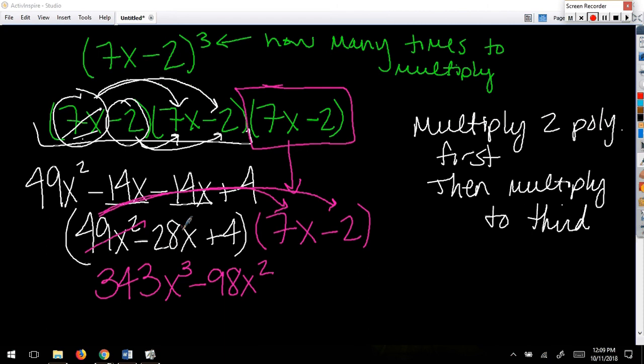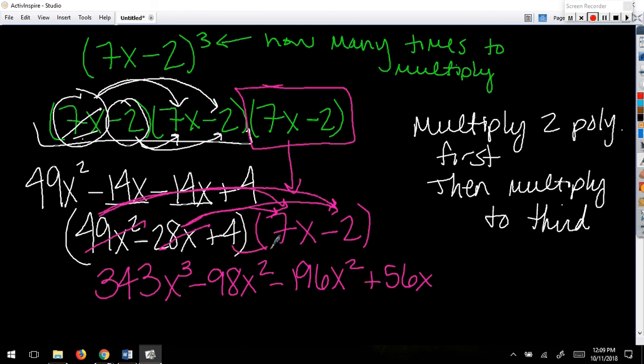So negative 28x times 7 would be negative 196x squared. And negative 28 times negative 2, again, two negatives would give you a positive 56x. I'm done with that term, and now the 4 will distribute through to give me 28x minus 8.